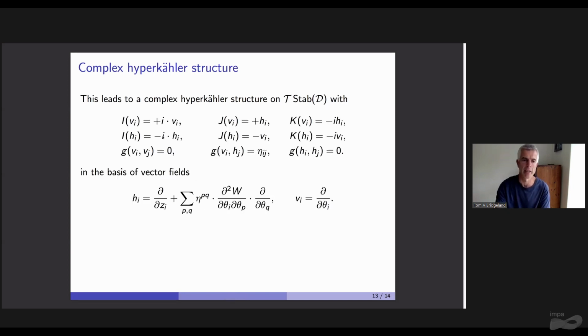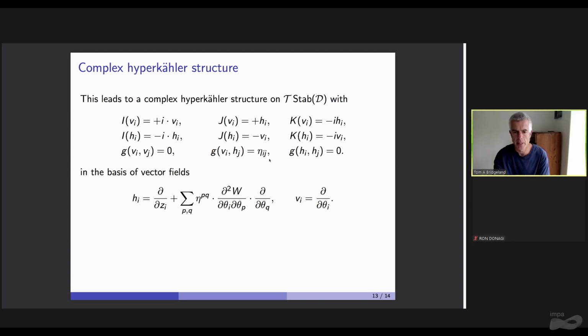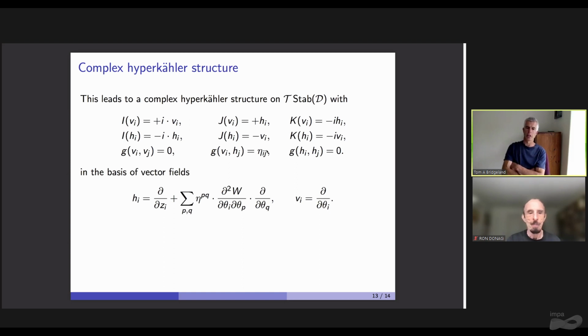And so you can just write down what this is now. So this is a complex hyperkähler structure. So it has I, J, and K, and a complex metric here. So this is the inverse to the matrix eta upper ij.